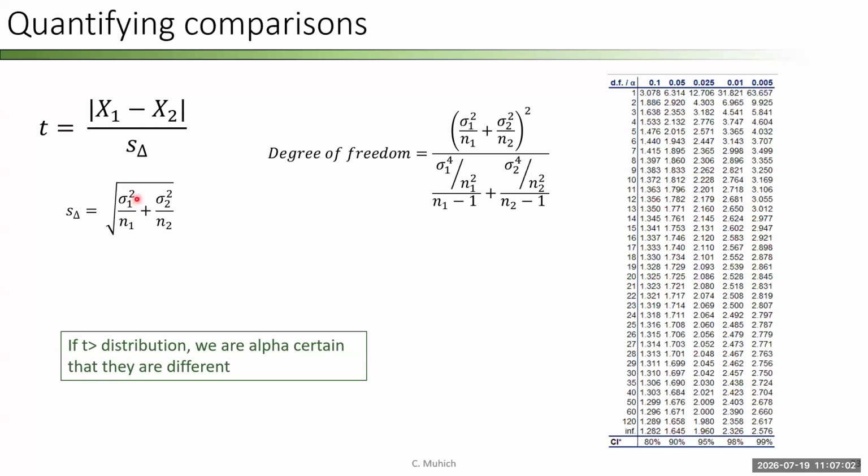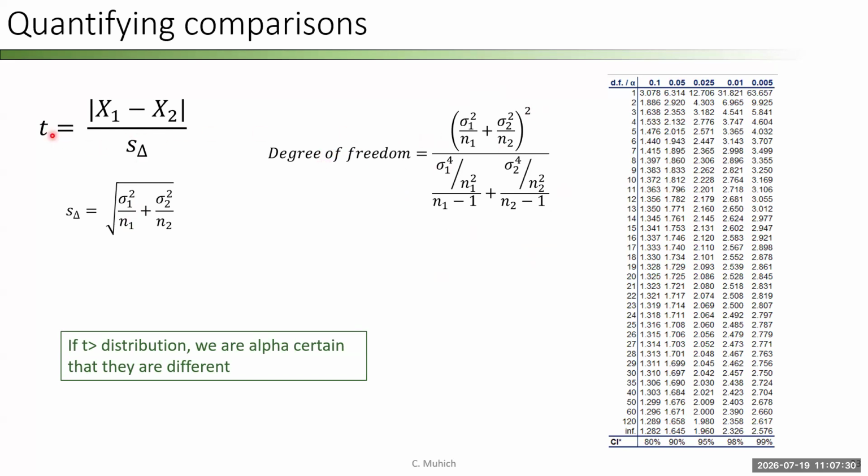This standard deviation takes the standard deviation squared of each of our samples divided by the number of those samples, adds them together, and then takes the square root. So that gives us S delta. We then can determine the number of degrees of freedom using this equation.